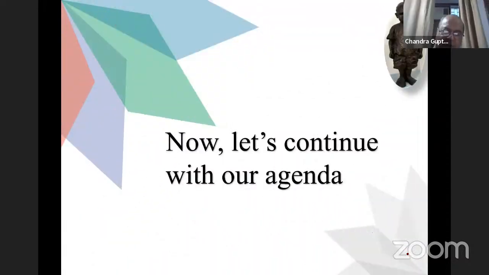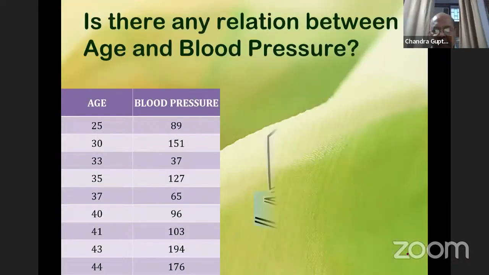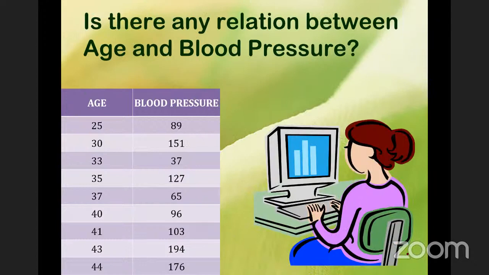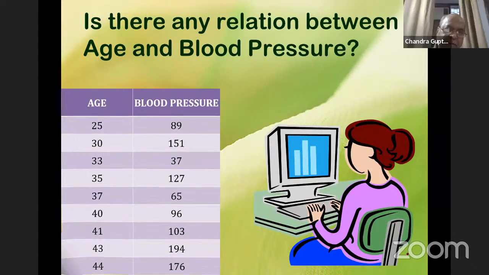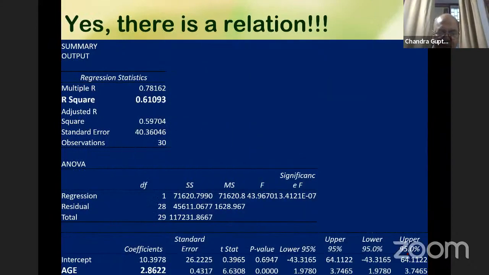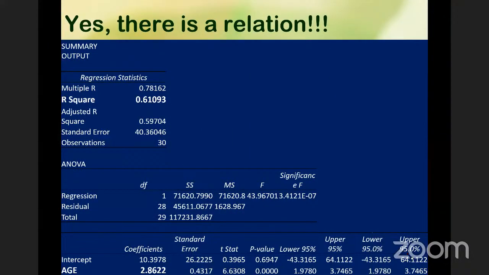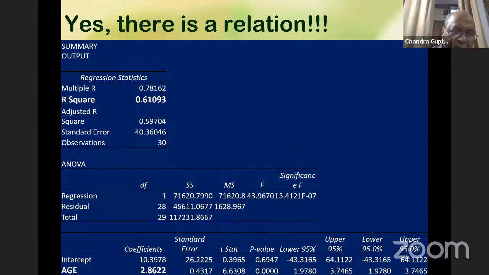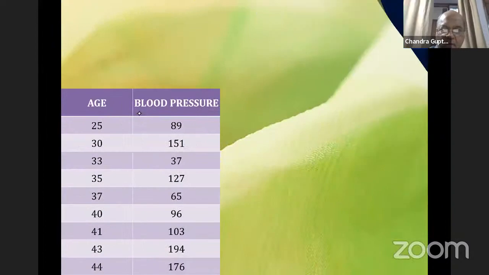Thank you. Let's continue with our agenda. Is there any relationship between age and blood pressure? Of course, you will say yes, there is a relationship. And in this case, you will find R square is so much.